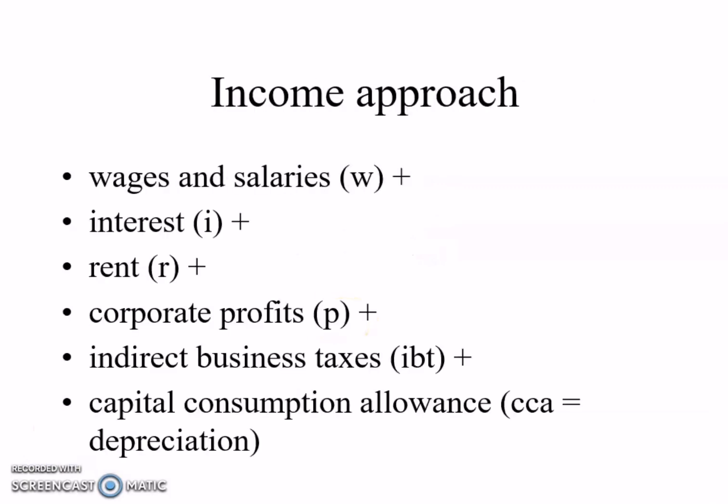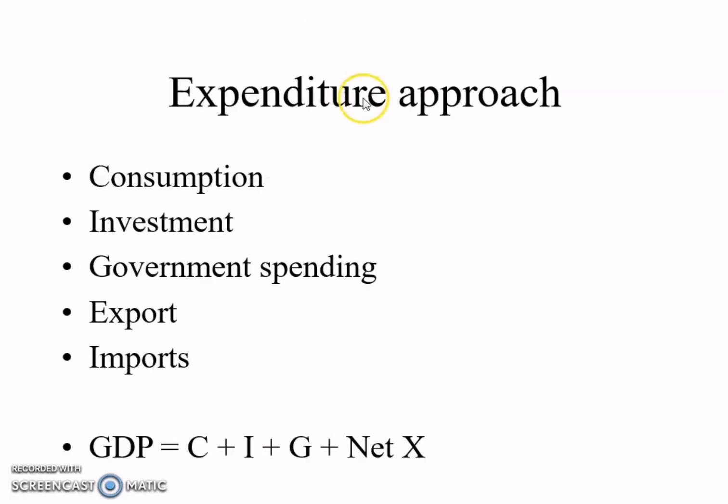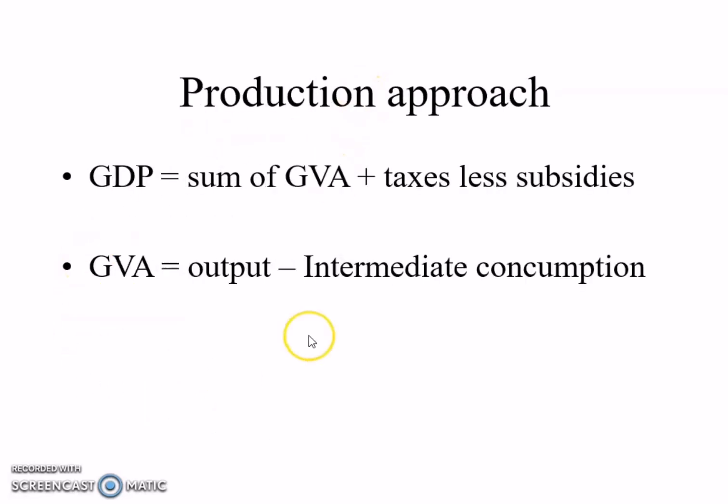Okay, so as you see in the income approach: wages, salaries, interest, rents, corporate profits, indirect business taxes, and the capital consumption allowances, which is the depreciation. Okay, if we exclude the depreciation from here, we get the net GDP. Okay, the expenditure approach is the one I explained, and the production approach, the GDP, is the sum of gross value added, and gross value added is the output minus intermediate consumption, plus taxes less subsidies, because taxes here are on products.